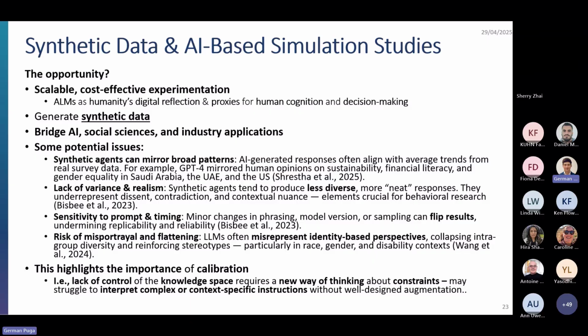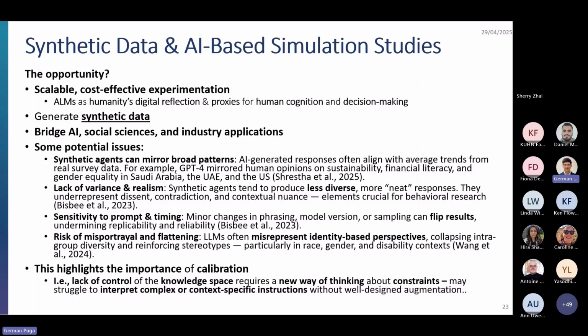Now, there is a bit of calibration to do, right? You may have heard some reports where these models tend to respond from a general basis, or give you the average of a population. Maybe it's the average population that model was trained on, the training data, right? It's Reddit, or it's Facebook.